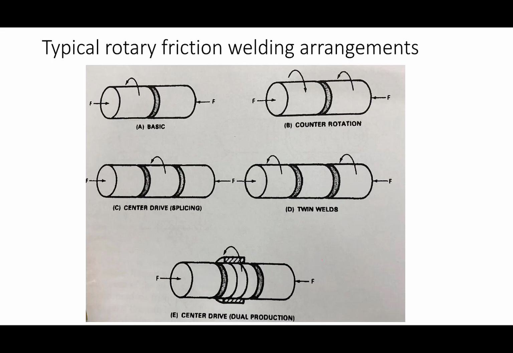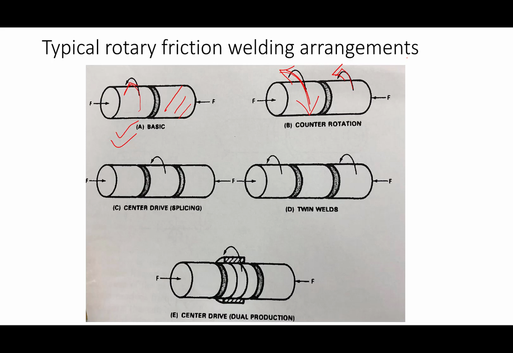Here, one simple case is the basic one, where one is fixed and another is rotated. This is the simplest case. In the second case, the two components are rotated so that the relative speed at the interface is much higher. One is rotated clockwise, another anti-clockwise, so one this side, another opposite side.